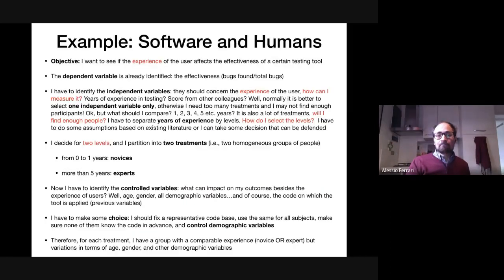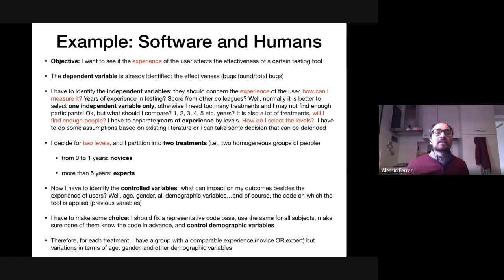Okay. This is another example with software and humans. It is an example that we considered also before: I want to see if the experience of the user affects the effectiveness of a certain tool.